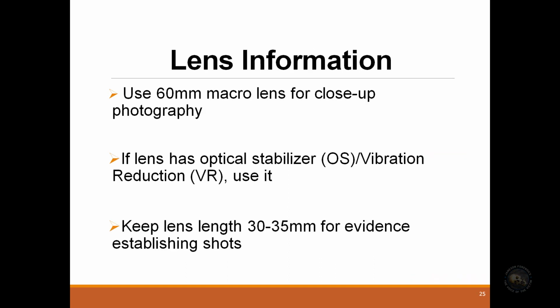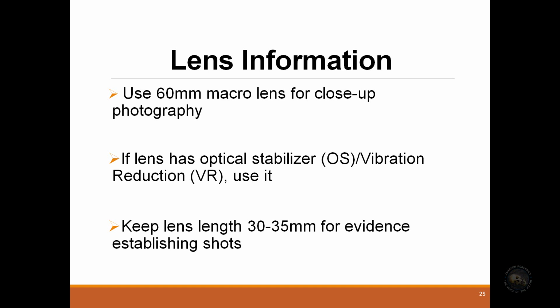Some lens information. This is somewhat subjective because there are many types of macro lenses, but generally, if you can get your hands on a 60mm macro lens, use that for your close-up photography. There are more expensive ones that I recommend, like a 105mm, but 60 is on the cheaper, more affordable side, I should say, and they do a wonderful job.